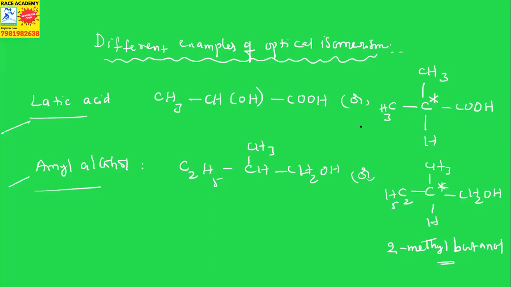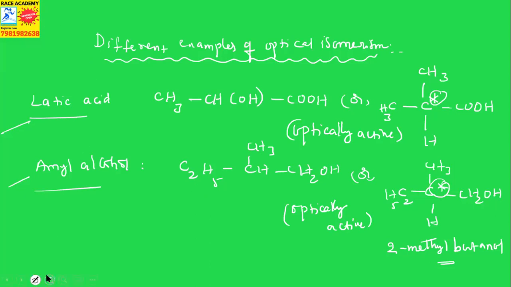The first one is lactic acid, which is optically active, and the second one is amyl alcohol, which is also an optically active compound, as the groups or atoms attached to this carbon are different. It is an asymmetric carbon atom.